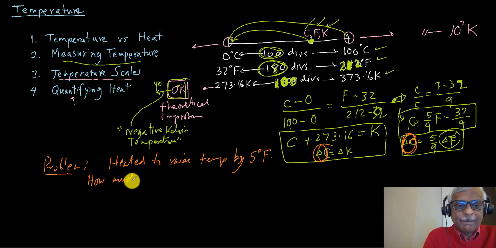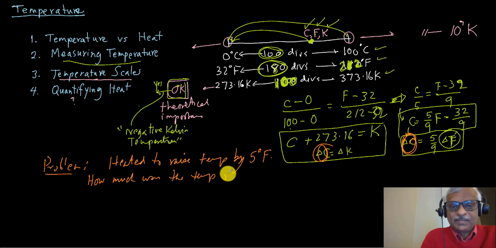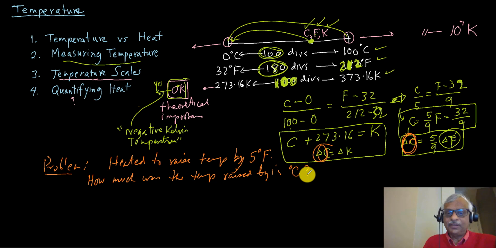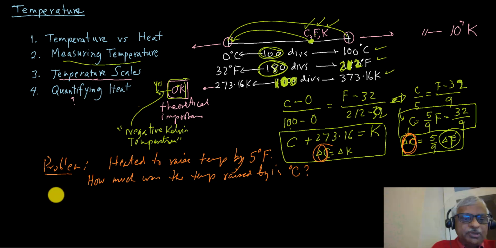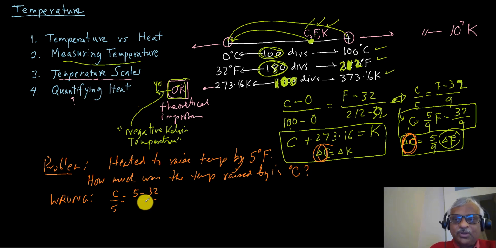How much was the temperature raised by in Celsius? A lot of people just say, okay, here is a wrong way to do it: I just plug in, C over 5 equals 5 minus 32 over 9.